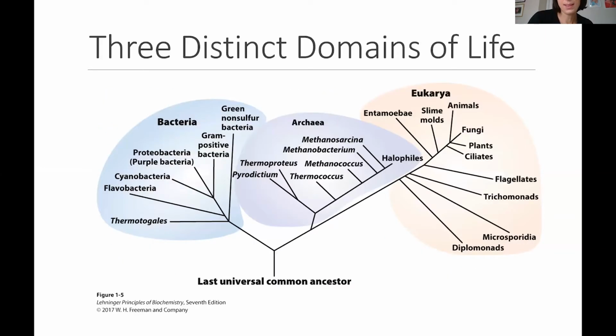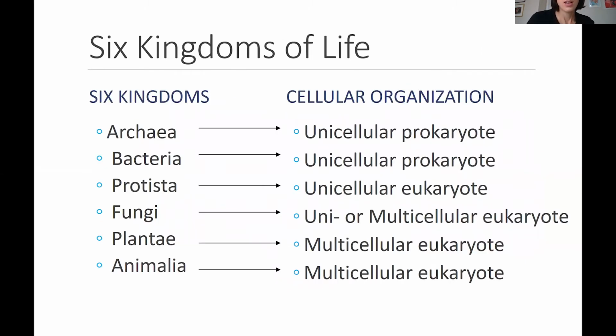So if you go back here, you can see that these domains have branches within them, and we can categorize the domains a little bit further. There's generally archaea, which we classify as being unicellular and prokaryote. We'll again review what that prokaryote means.